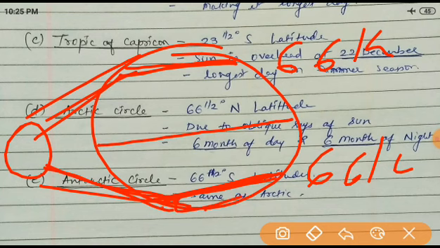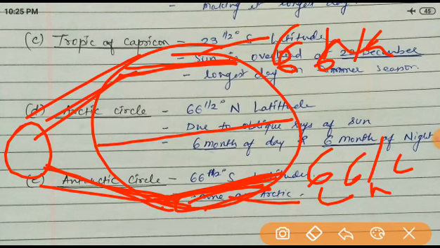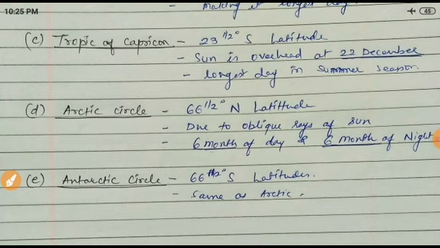That's why this area has 6 months of day and 6 months of night. Same here, 6 months of day and 6 months of night. That is the very important part of it. So these five important latitudes are very important for this part.